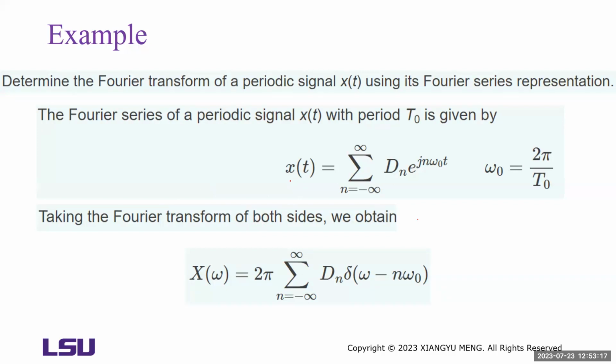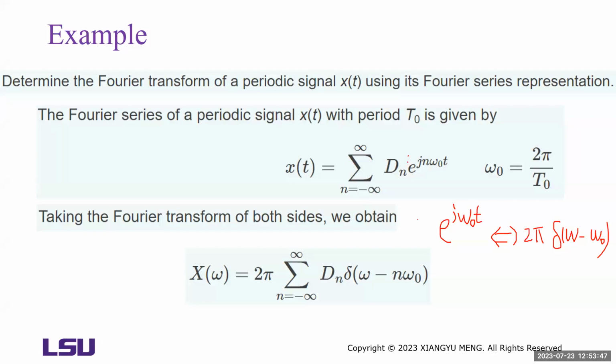We know the Fourier transform of x(t) is X(omega). As we calculated earlier, the Fourier transform of exponential j omega 0 t is 2 pi delta(omega minus omega 0).